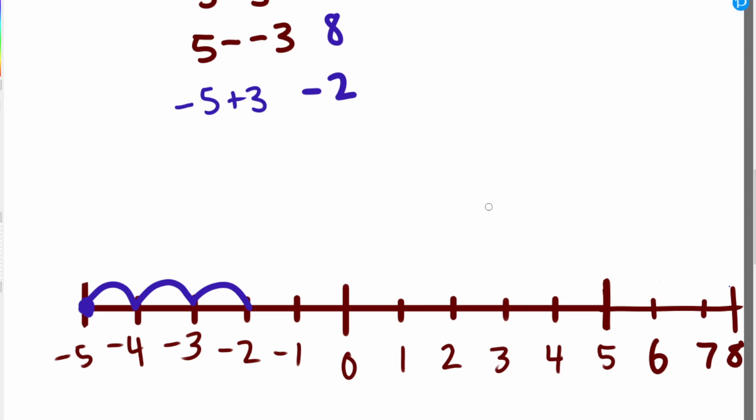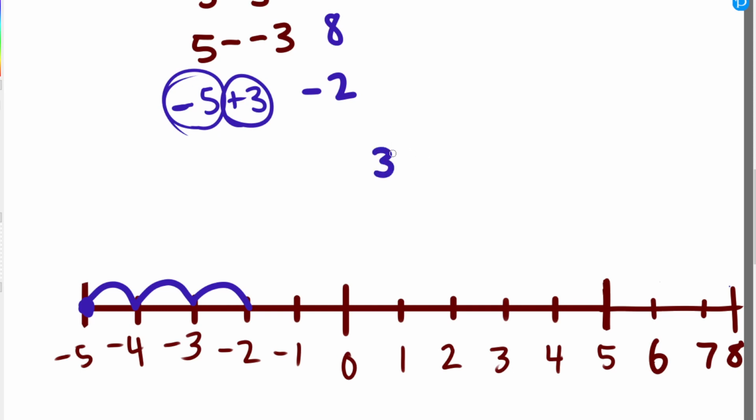What helps my brain is rearranging the problem. It wouldn't necessarily help in this example for me, but one thing to keep note of with negatives and positives is that the signs are going to stay attached to whatever they're with. So this 5 will always have a negative attached to it, and this 3 will always have a positive attached to it when we are rearranging.